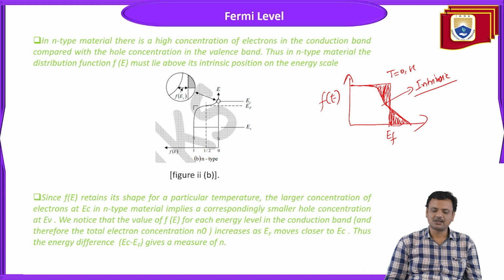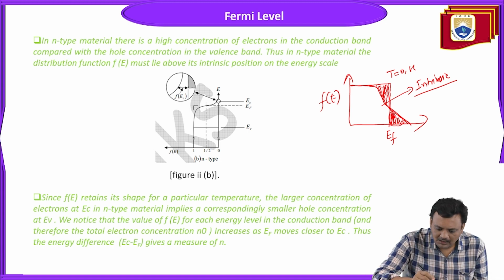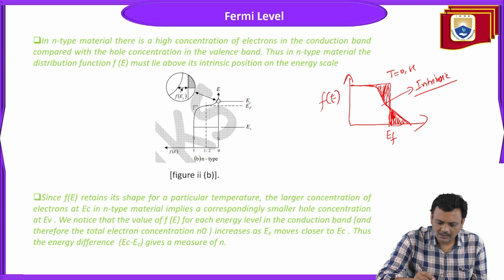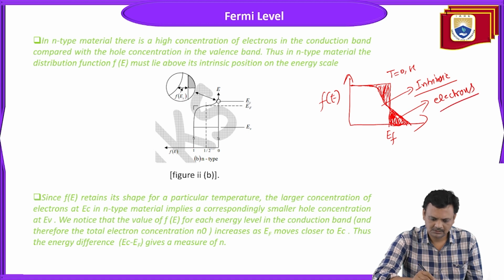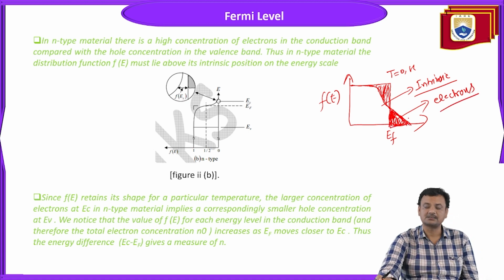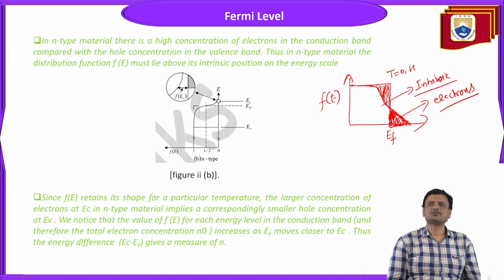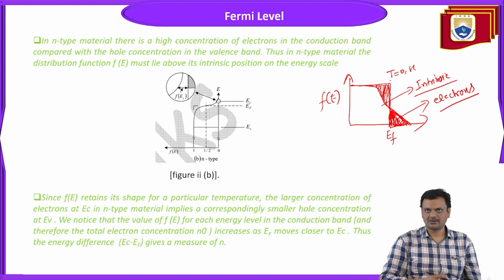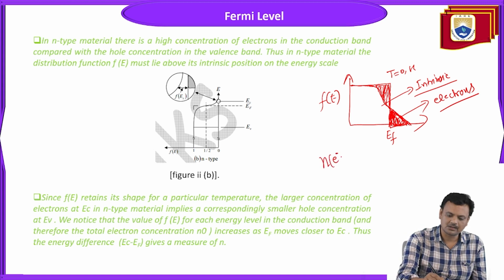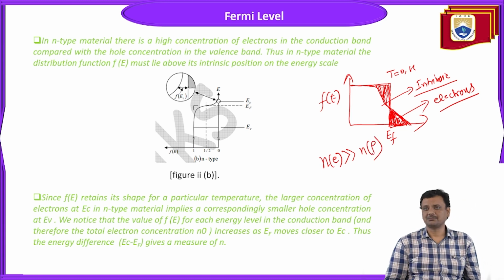So in the n-type semiconductor, this area is indicating the chance for availability of electrons. So for n-type semiconductor, this region should be greater than this region because the carrier concentration of electrons is greater than the carrier concentration of holes in n-type semiconductor.